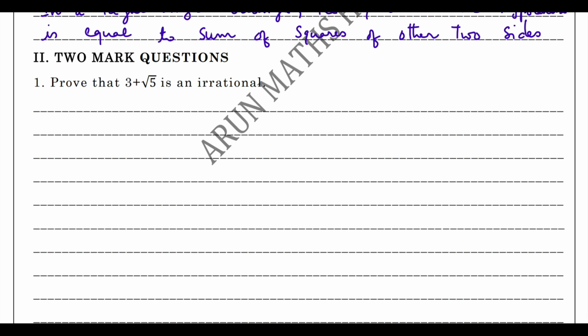Now prove that 3 plus root 5 is an irrational number. First step is you should assume 3 plus root 5 as a rational number. What is the first step? Let us assume the given number as rational.